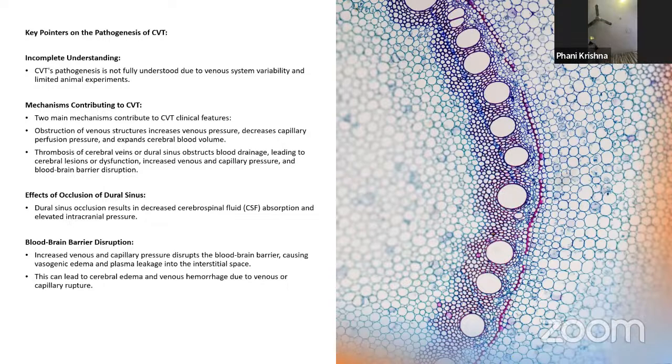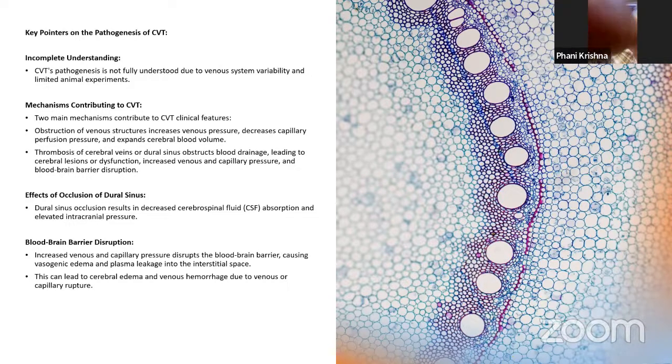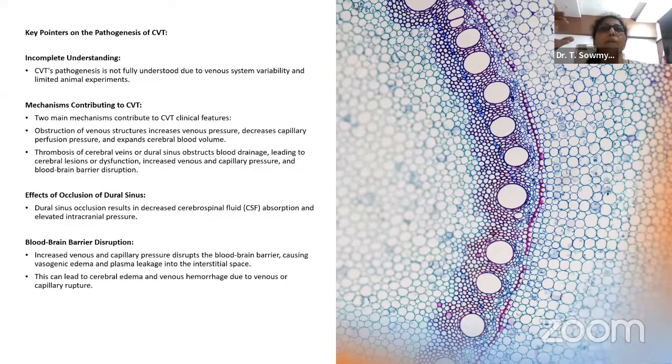And this raise in venous pressure will increase the local edema, and there will also be a leak of blood plasma into the interstitial spaces, which causes vasogenic edema. And because of the local cerebral edema, capillary rupture and venous hemorrhage will take place.